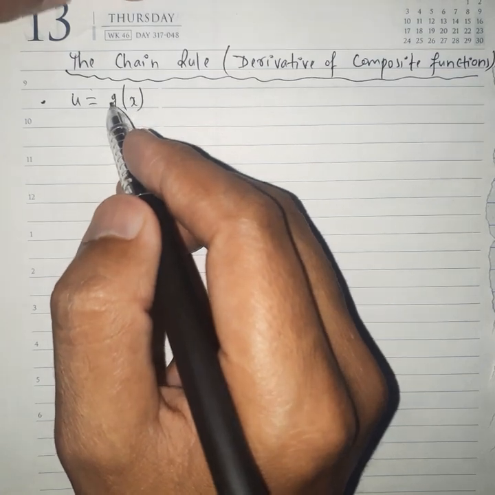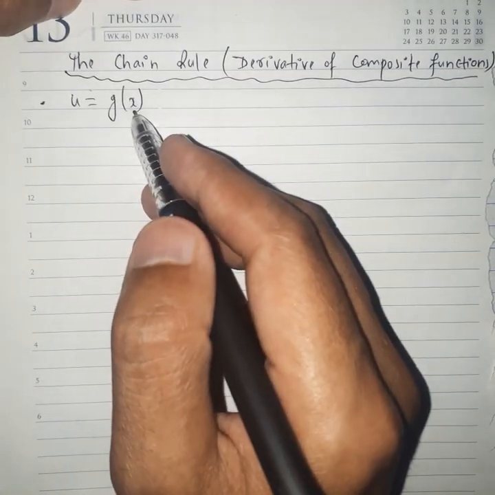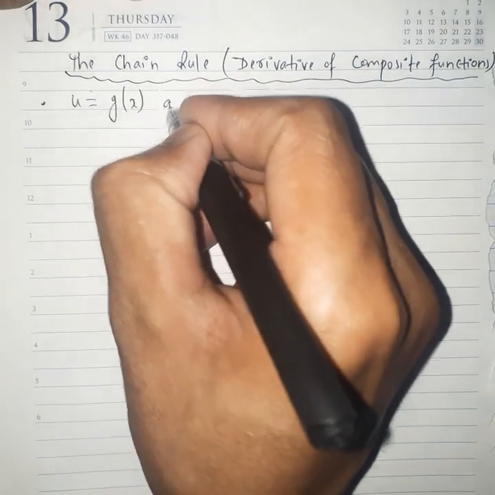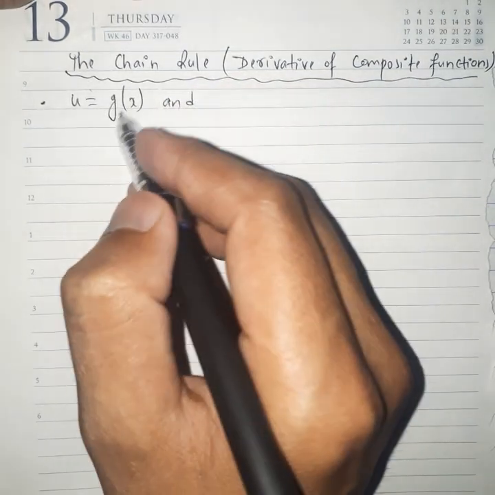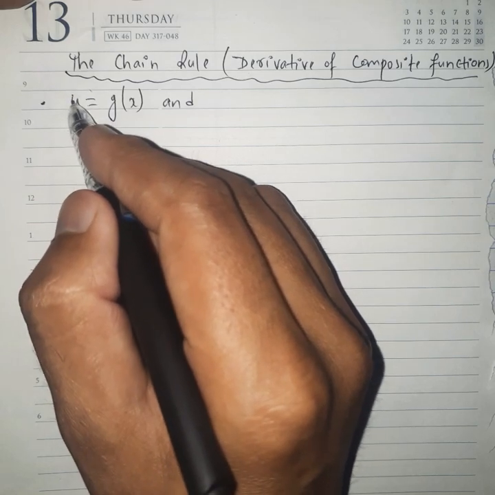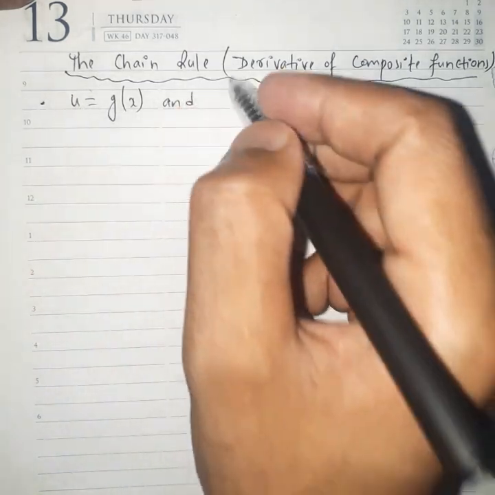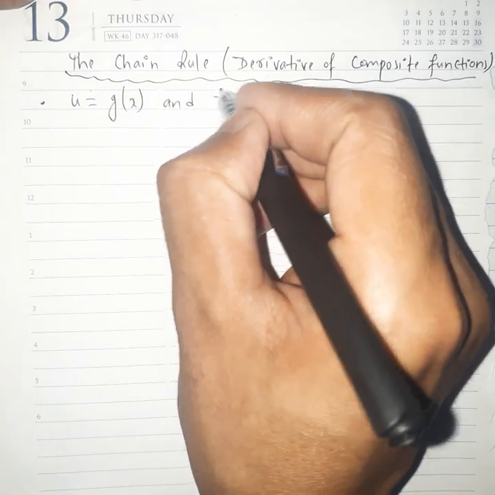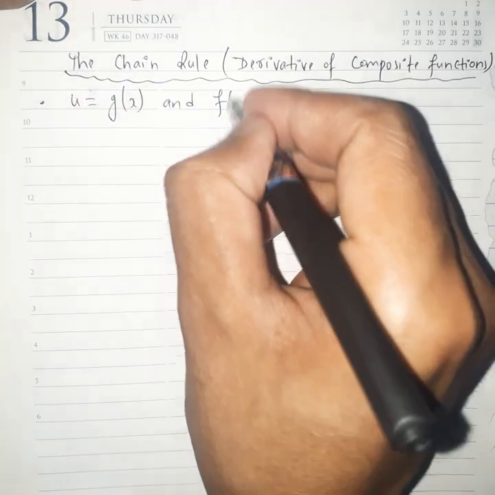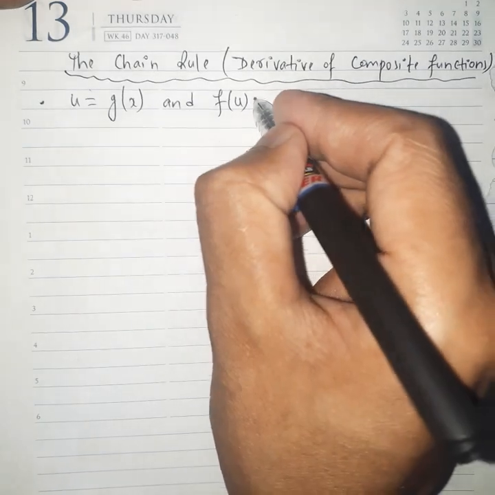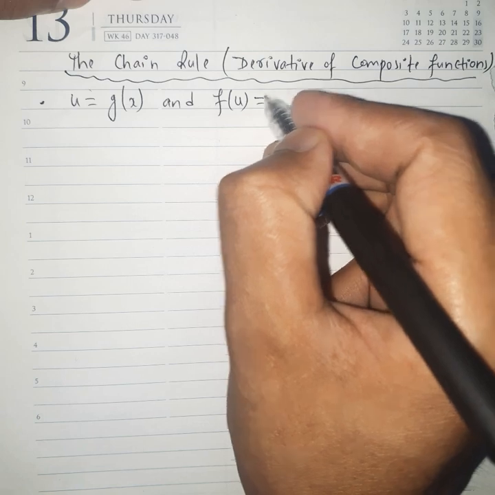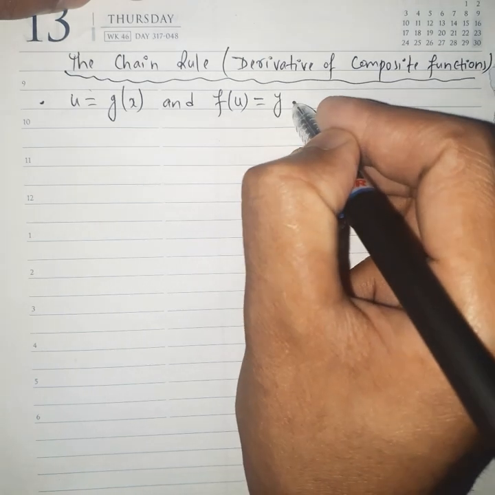Here function g takes x as an input and produces u, and the next function takes this output u and produces some output. Let's take the next function f, which takes this previous output u and produces the new output. Let's say this new output is y.